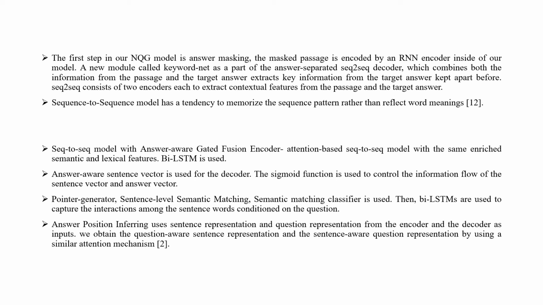Then bidirectional LSTMs are used to capture interaction among sentence words conditioned on the question. All this is for what? All this is done for improving question generation by using separate answer position inferring that focuses on answer position only. What is the answer position? When we focus on that answer position, we can get improved questions.